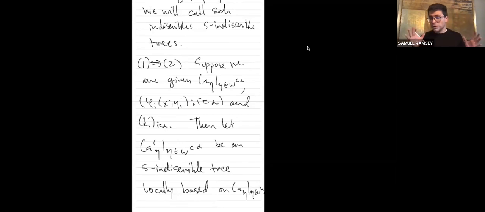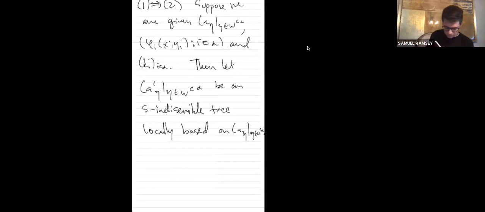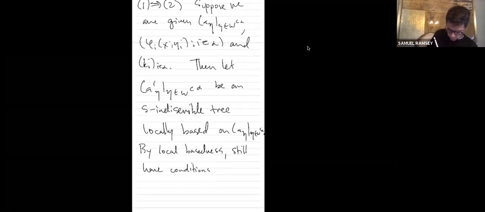So you started with some collection of tuples, and you just replaced them with the indiscernible version. So by local basedness, we still have the conditions A and B.